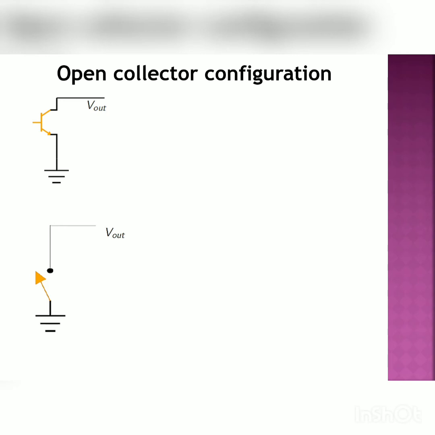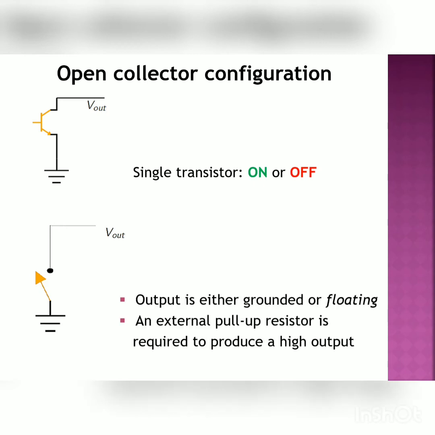So the transistor may be either switched on or off, and it will act differently in each case. The output from the open collector transistor is either grounded or floating. An external pull-up resistor is required to produce a high output.